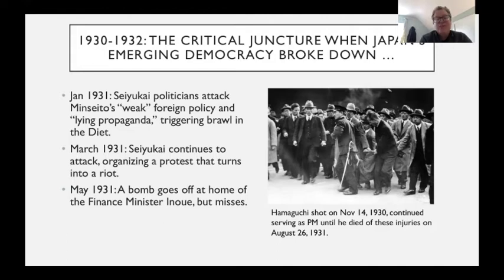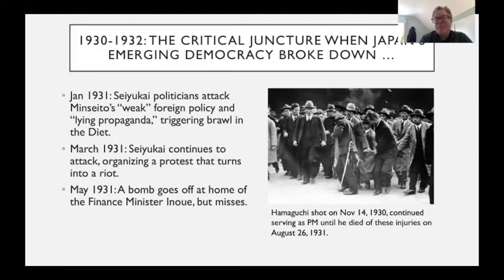But at this particular moment, he attacked the Minseito's weak foreign policy for failing to stand up against challenges to Japan's rights in China. The other legislators from the Seiyukai attacked the party's economic policy and called what they were doing in foreign policy and economic policy lying propaganda. So this was a kind of put down that the other party could not tolerate.